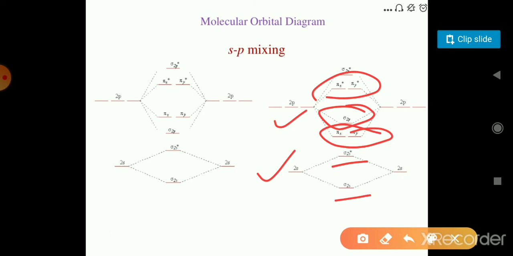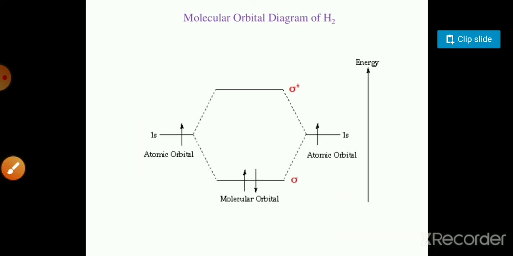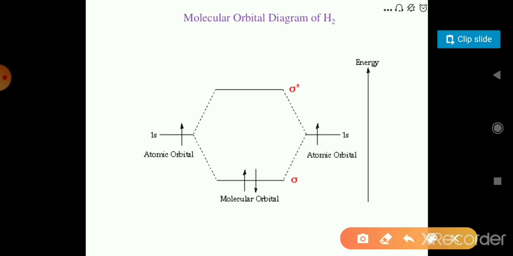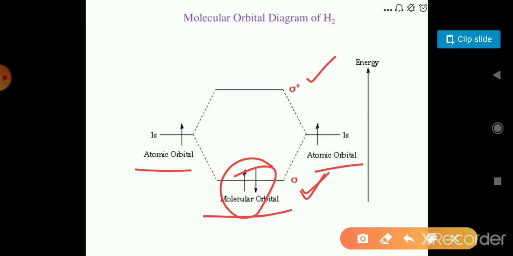So this is the antibonding for the pi, and this is the antibonding of the sigma orbital. So for the molecular orbital diagram, if we see the H2 molecule, you can see here the two atomic orbitals, and the molecular orbitals having the two electrons form bonding and antibonding. Okay, this is the bonding and this is the antibonding, and this is the energy level of the orbitals.